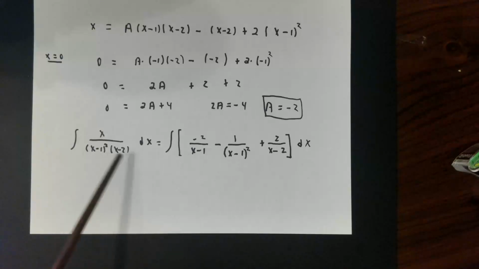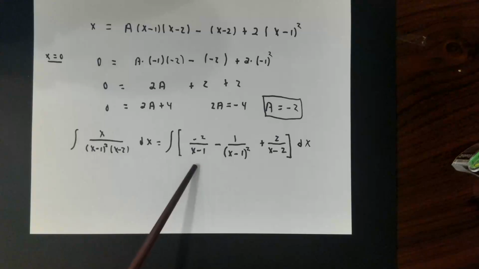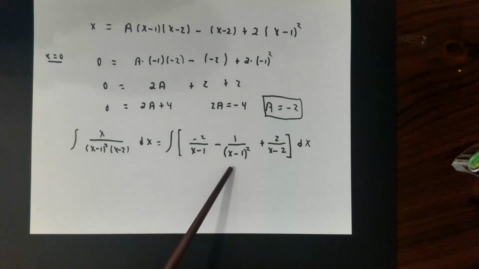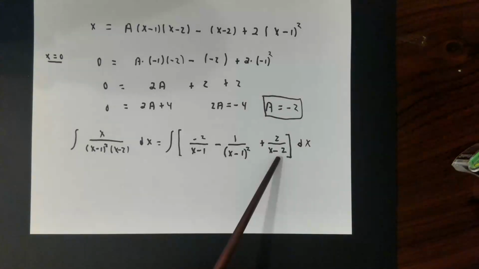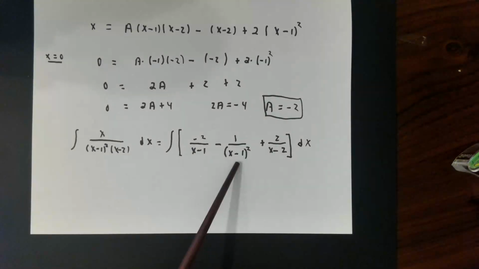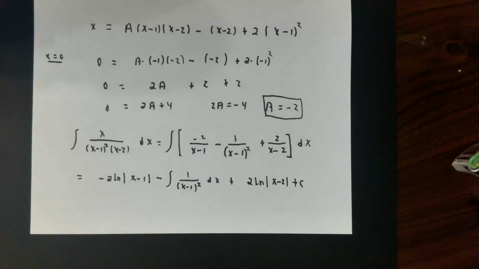After doing the algebra, it turns out that a has to be negative 2, which turns this integral problem into integrating these three terms. The first and third integrals are so easy, we'll just write the answer down.